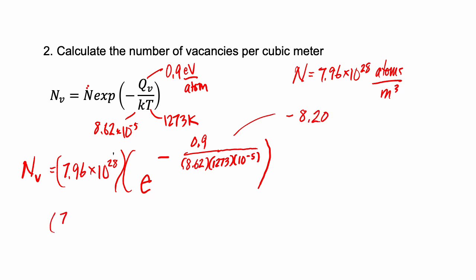So I've got 7.96 times 10 to the 28 times e to the negative 8.20.